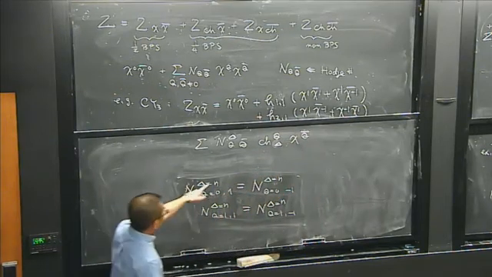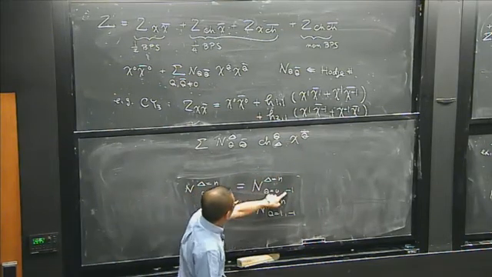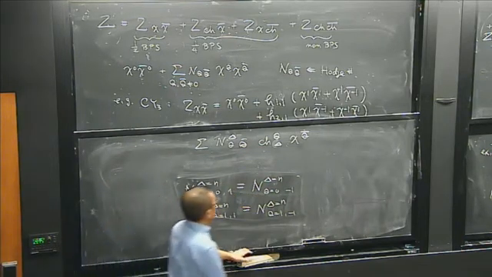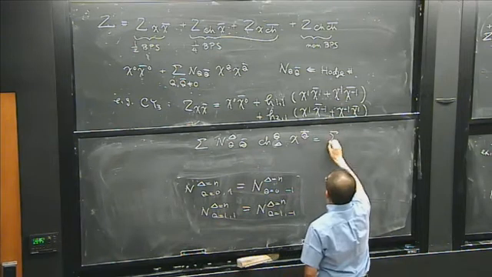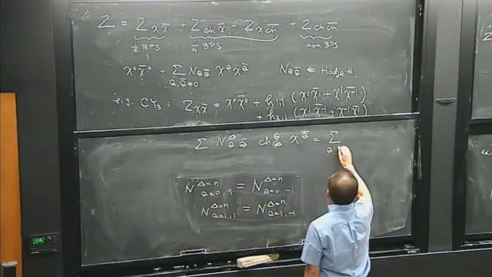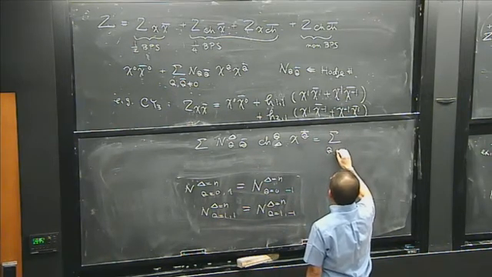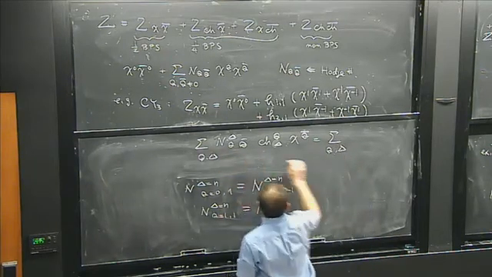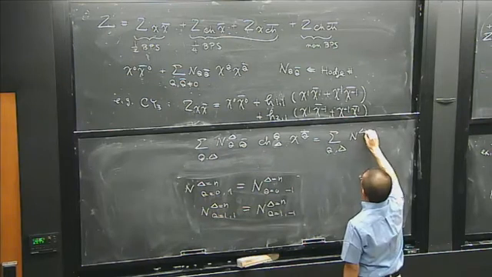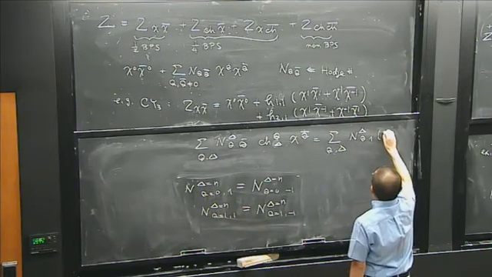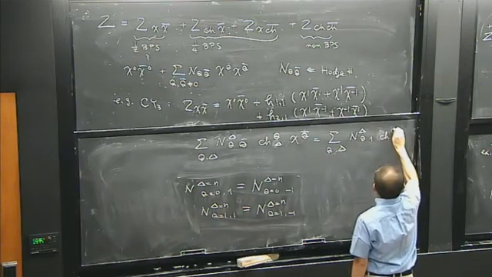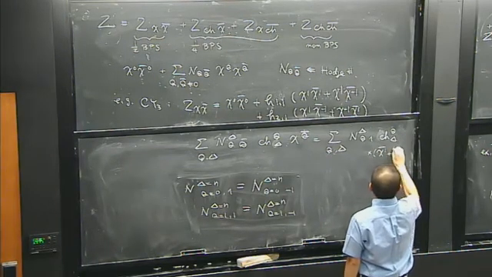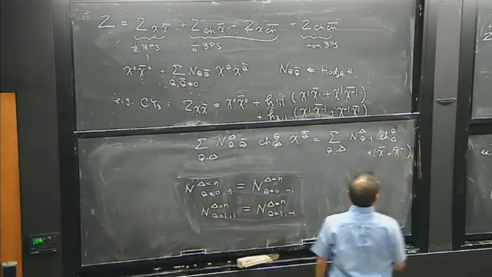But q bar equal to 1 and q bar equal to minus 1 appear in the same combination. So that means that this is equal to the sum over delta of n delta q of 1, and then you have ch of q delta times chi 1 bar plus chi 1 minus 1.